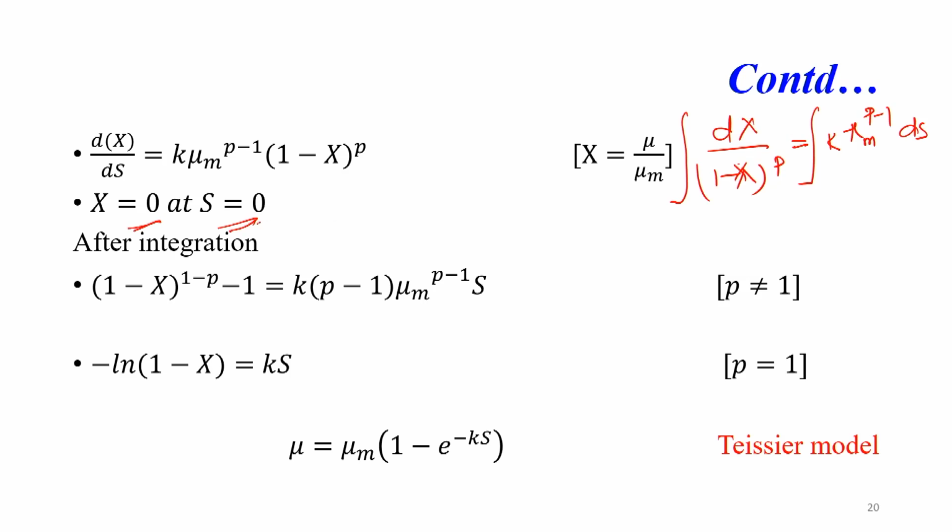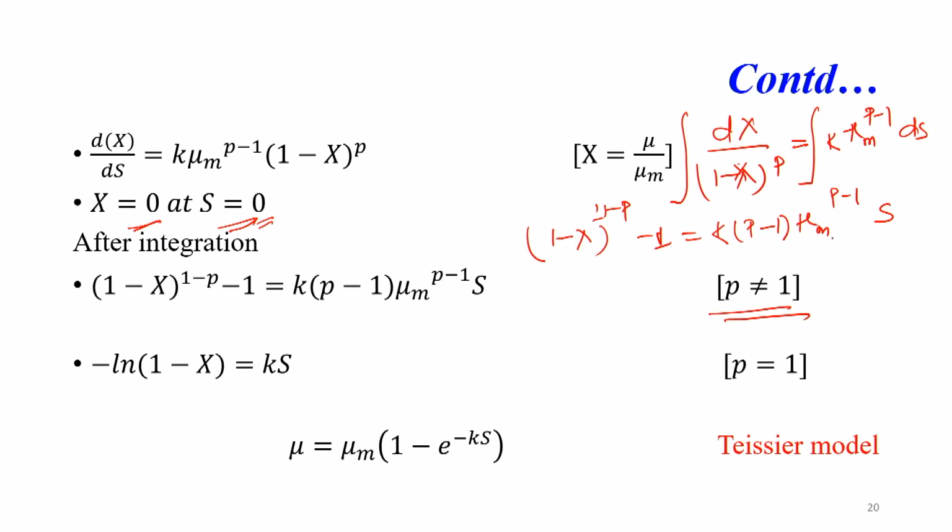If you simply integrate it, we will end up with (1 minus x) to the power (1 minus p) minus 1 equals k (p minus 1) mu max to the power p minus 1 into s. So, this is the relation we have got when p is not equal to 1.